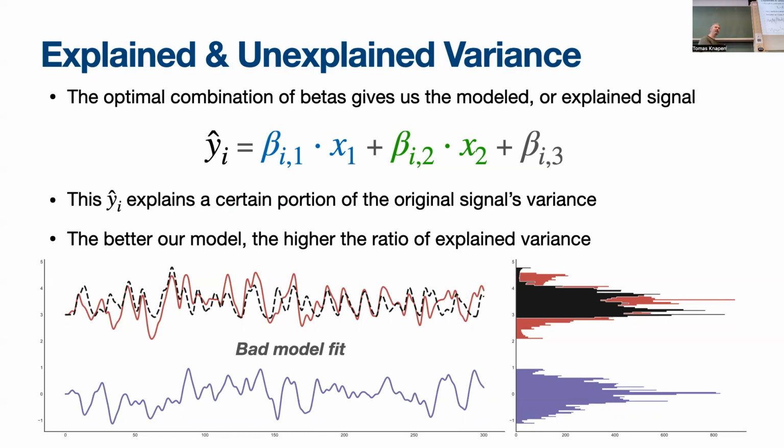The idea of most fMRI analysis depends on this principle. You are on a quest as an analyzer of data, a quest to explain variance. You have a signal that goes up and down, and the better you can explain the ups and downs of that signal, the better you are as an analyzer, and the better your data are.